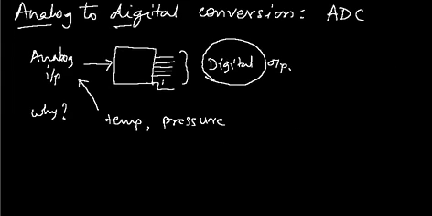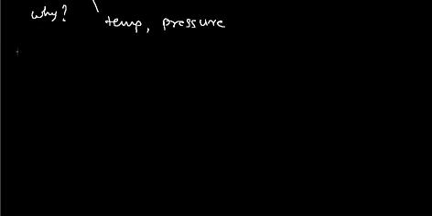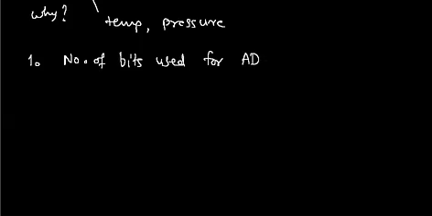So, when we think of an A to D converter, we first of all think of various types. What are the various types? Or before that, we can think of what are the various important things we need to know about an A to D converter. Number one is the number of bits used for ADC, that is A to D conversion.